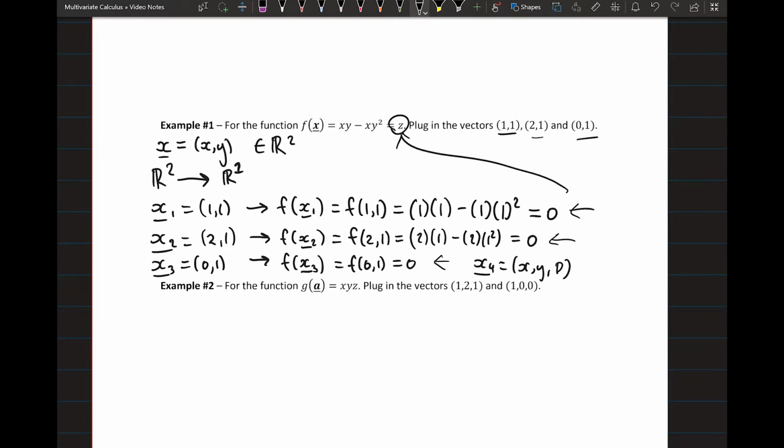We have no p's here, so any value that is real in the p slot will not be mapped to the function. So strictly we have 2 variables, so we can only have a vector of 2. So nope, that will not work at all. For all p that is real, this will not be mapped.